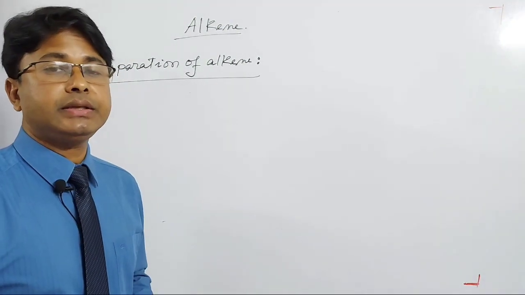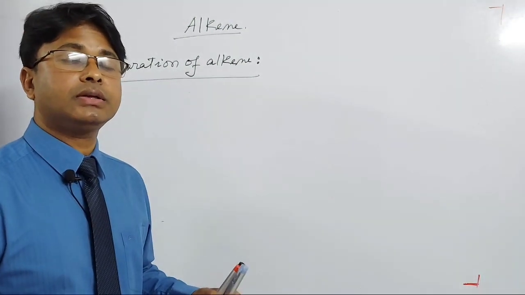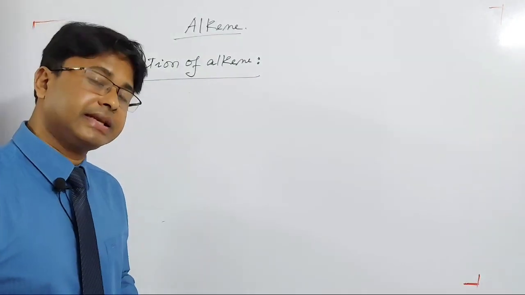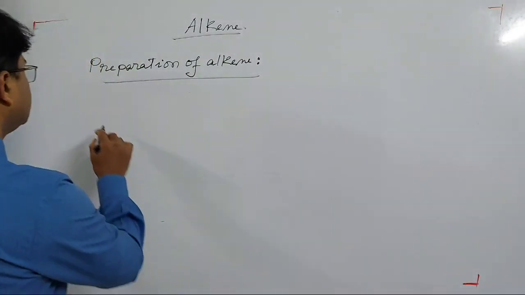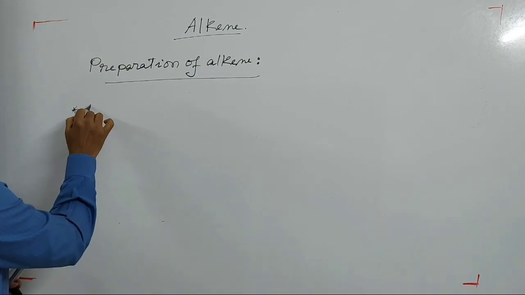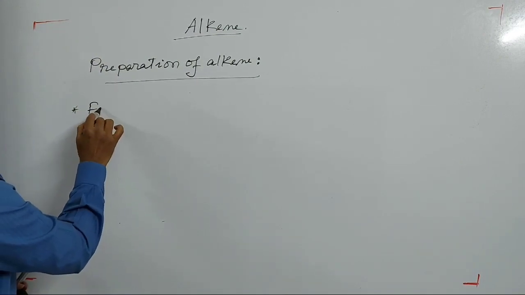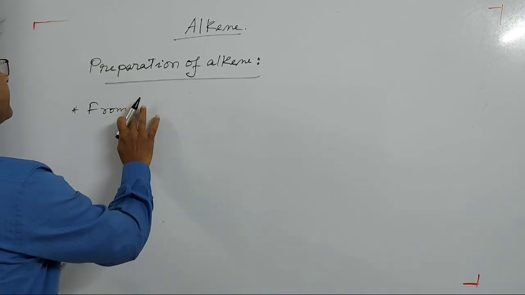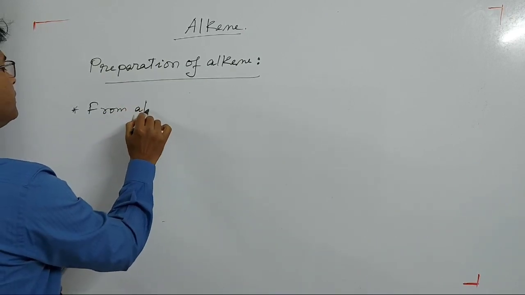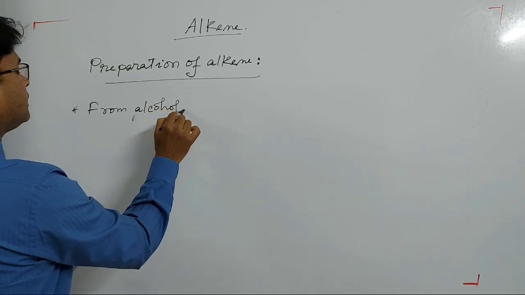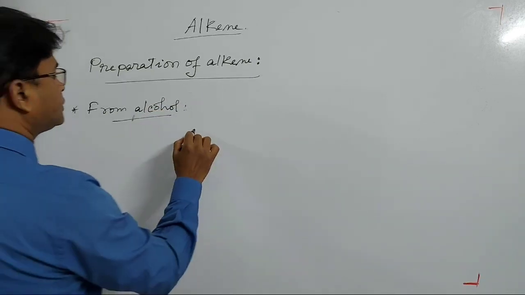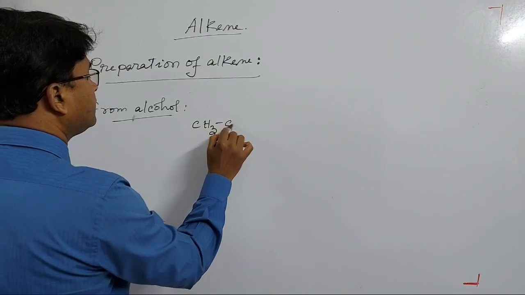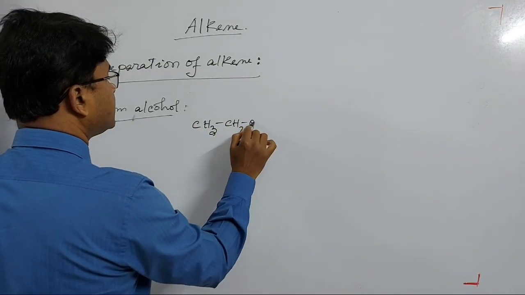Again, if I heat alcohol with aluminum oxide catalyst, then alkene is also produced. That's why I can write here alkene can also be produced from alcohol. Here actually I am going to use ethanol as alcohol.